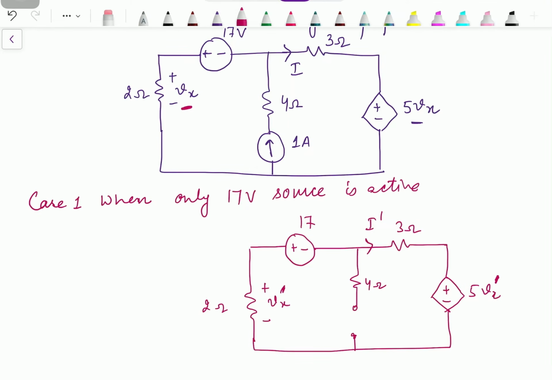So it will become 5 times Vx dash, that is, it will supply voltage 5Vx dash. Now we need to find out the value of I dash.